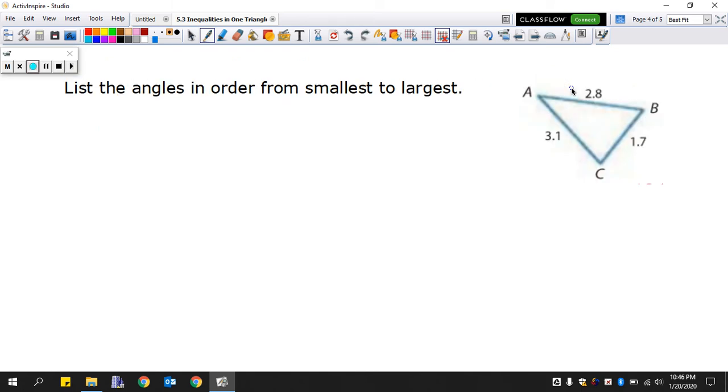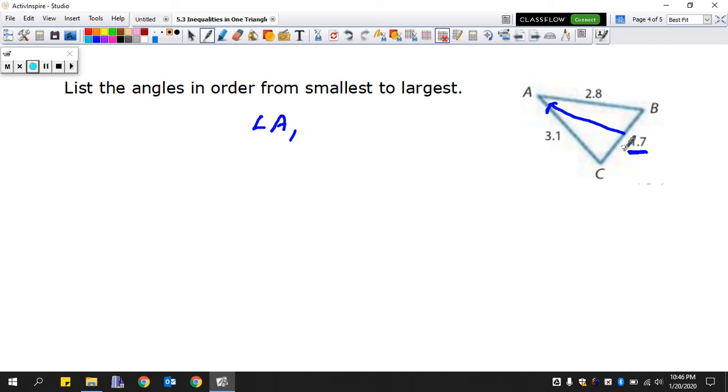So this goes on to talk about those theorems we talked about. List the angles in order from smallest to largest. Well, remember that the angles are related to the sides. So the smallest side is this one. We want to go from small to large. So the angle that's opposite that is angle A. So angle A is the smallest one.